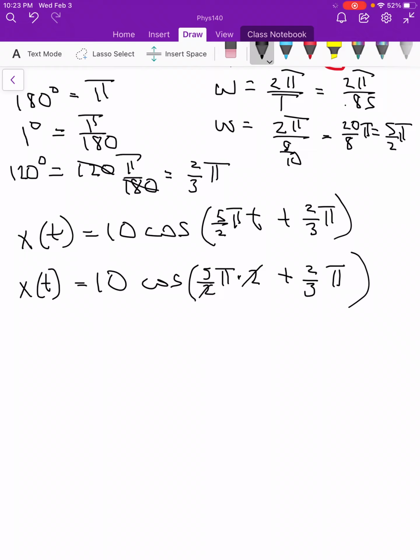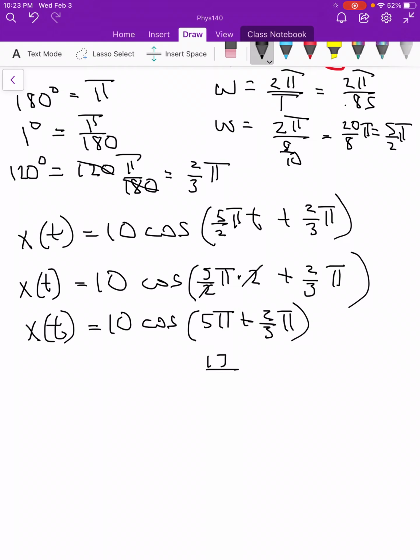And so I have x of t is equal to 10 cosine 5 pi plus 2/3 pi. Okay, so I could just plug this into my calculator and figure out 5 plus 2/3. It ends up being 17. The argument is 17 over 3 pi. So I could plug that in my calculator and figure something out.